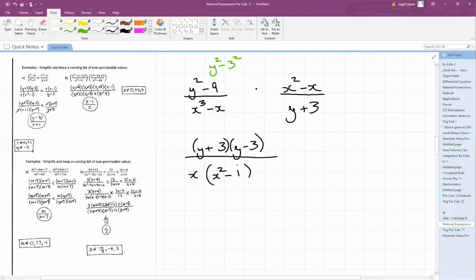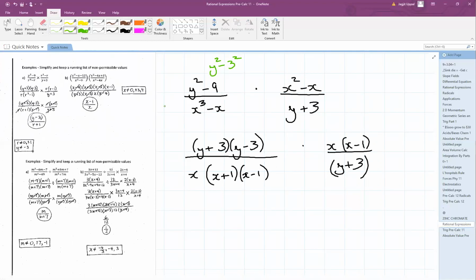But look, I can rewrite x squared minus 1 as x squared minus 1 squared, so I can further factor this and write it as x plus 1 times x minus 1. Now from here, I will factor out one of the x's. So that would just be x minus 1. And at the bottom, we have y plus 3. Does that make sense?